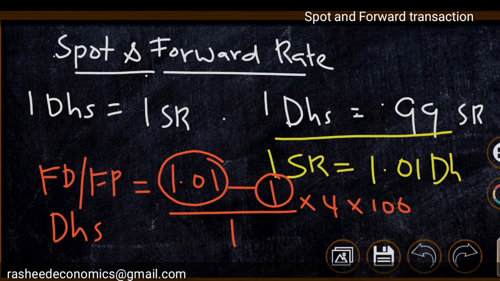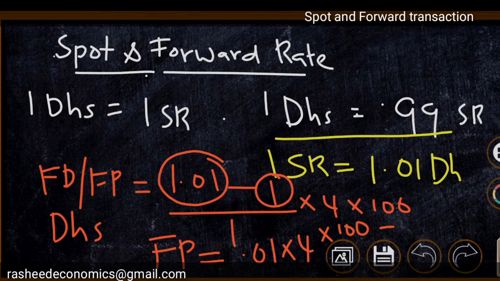Therefore we can say that there is a forward premium, equal to 1.01 minus 1, that is 0.01 into 4 into 100, which is the same 4%.